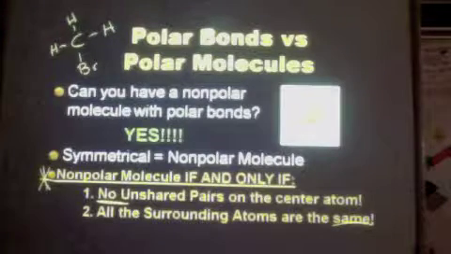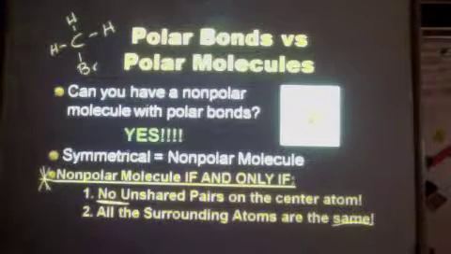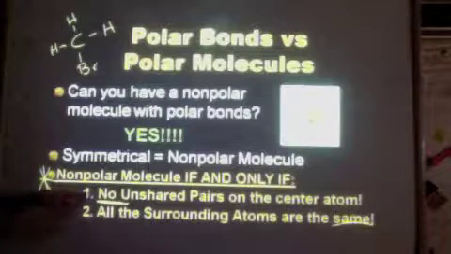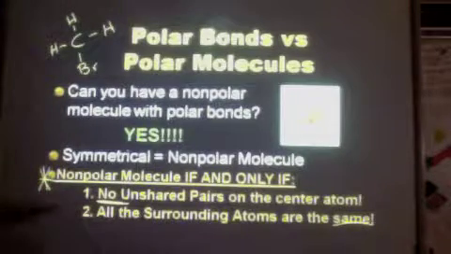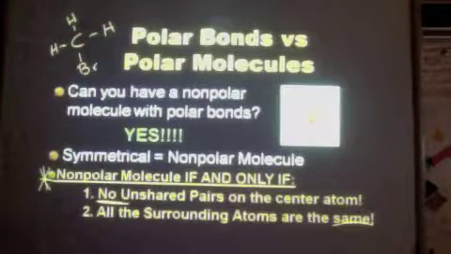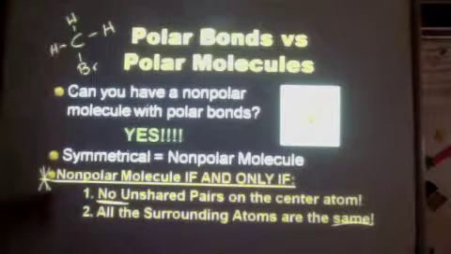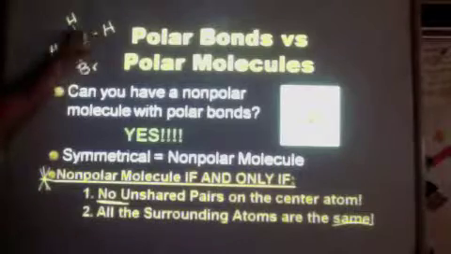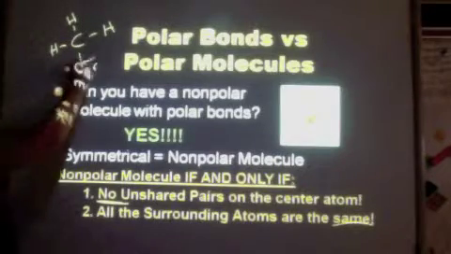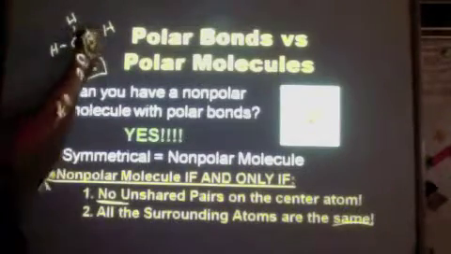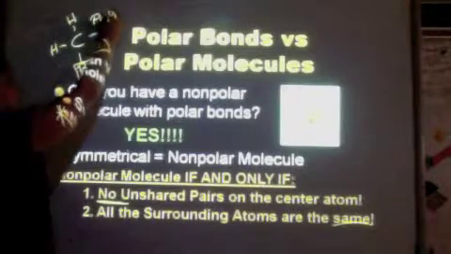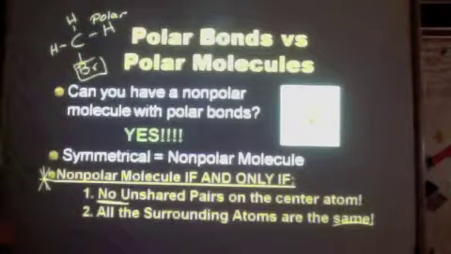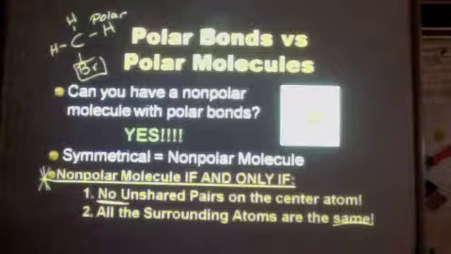Is this polar or nonpolar? So again, to be nonpolar, there can be no unshared pairs on the center atom, and all surrounding atoms must be the same. There are no leftover dots, so we're good there. Number 2, are all the surrounding atoms the same? No. We have bromine here. The rest are hydrogens. Therefore, this is polar. We will be doing more practice with this.